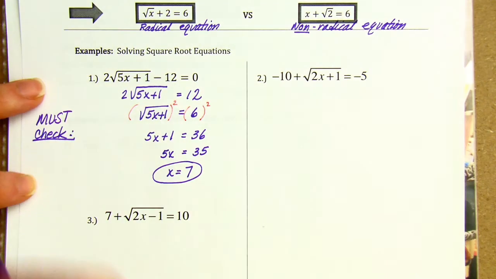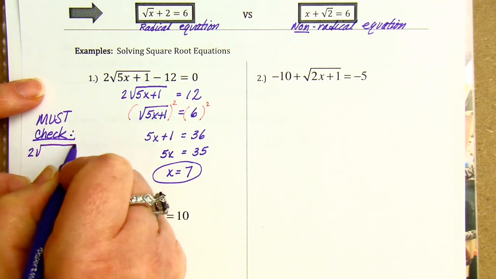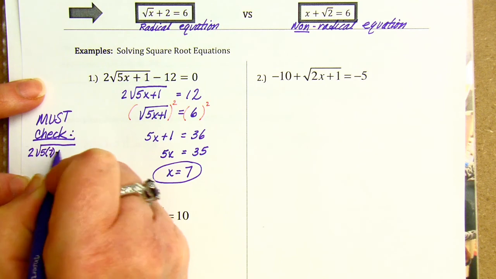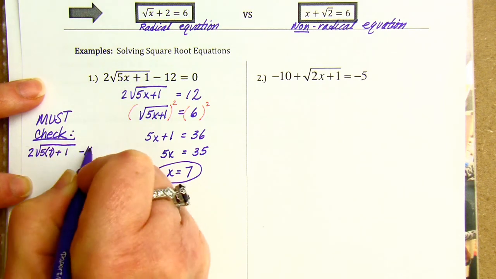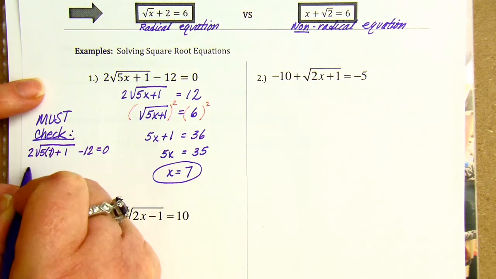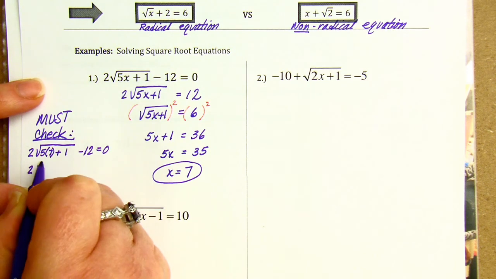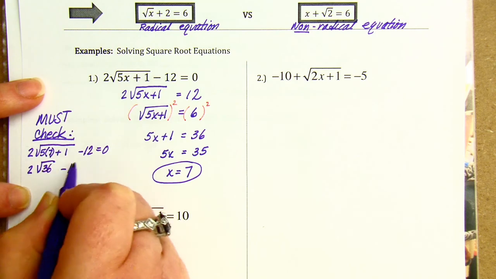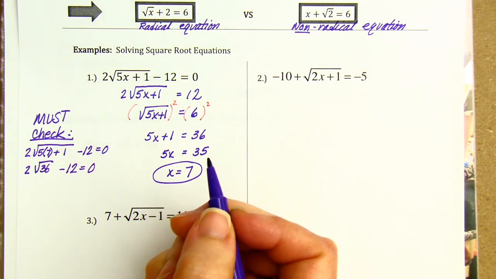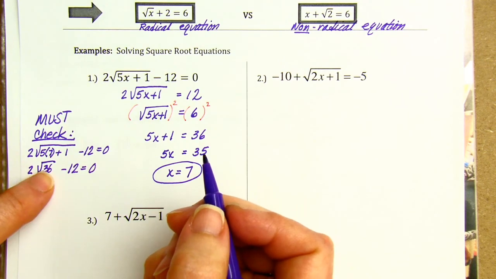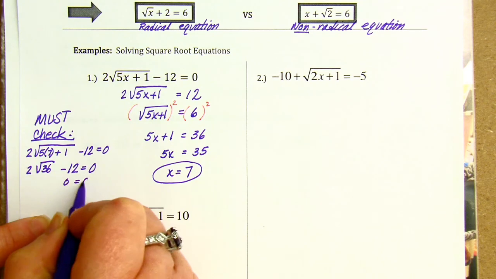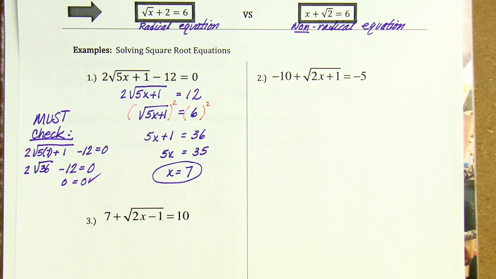All right, so I got 2 square root of 5 times 7 plus 1 minus 12 equals 0. 2 times square root, well, that's 35 plus 1 is 36, minus 12 equals 0. The square root of 36 is 6 times 2 is 12. This is 12 minus 12, which does equal 0, so it works. And then and only then can I say that 7 is my solution.